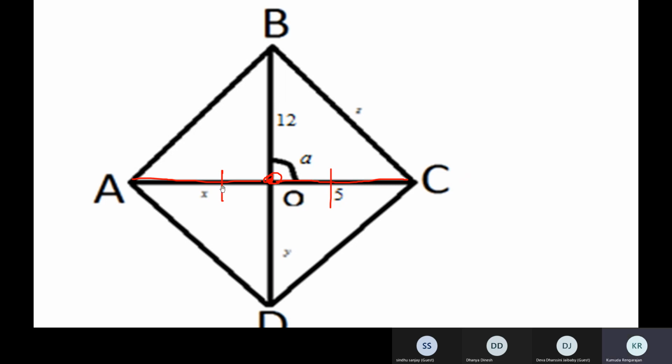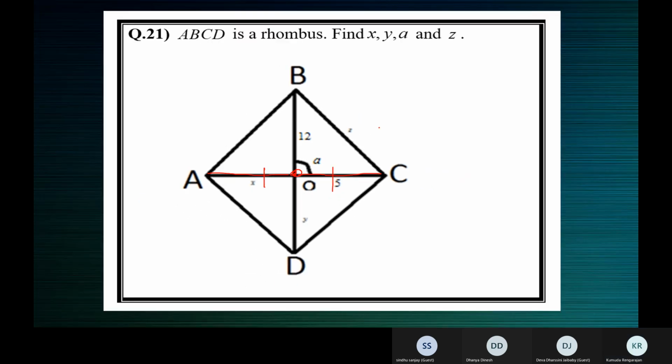So we found A, we found X, we found Y. Now we have to find Z. How do we find Z, children? Ma'am, using angle sum property.